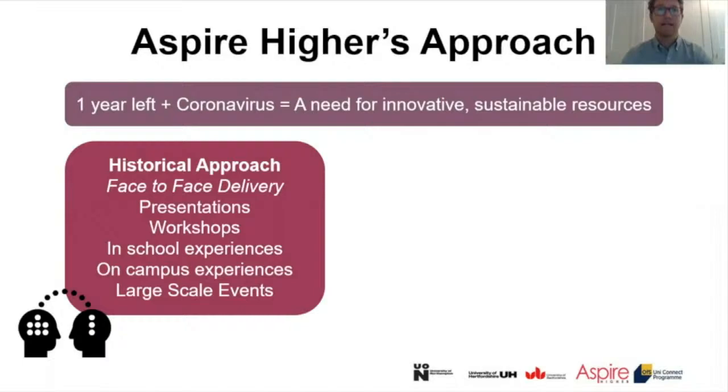We also had lots of in-school experiences where we funded third-party suppliers such as Medical Mavericks, Mad for Life, independent careers advice, lots of other things as well. We've also had that face-to-face experience on campus at Waterside, where we've had campus visits or even large-scale day events, such as the Big Bang, Women into STEAM, and Car Crash Careers Day.